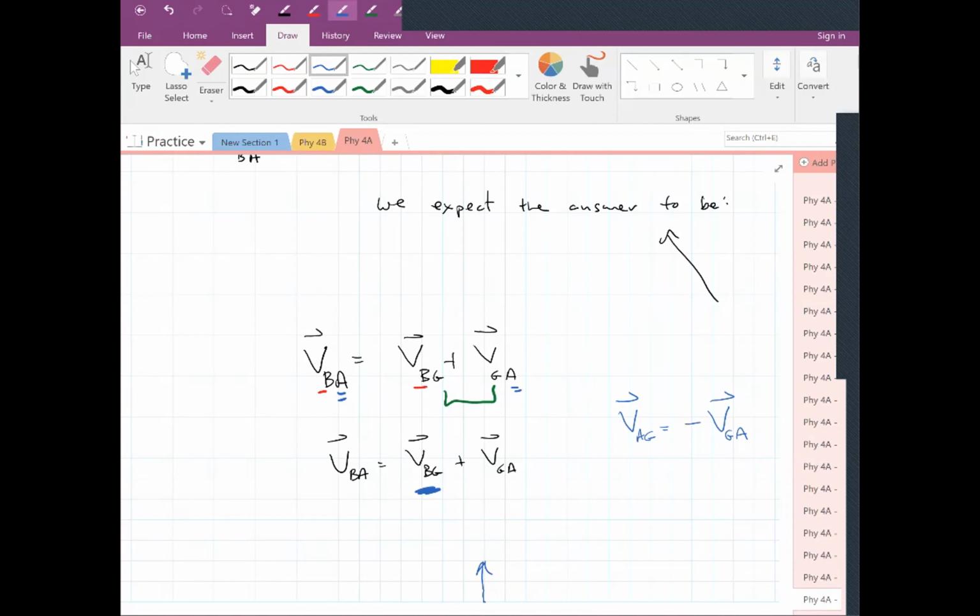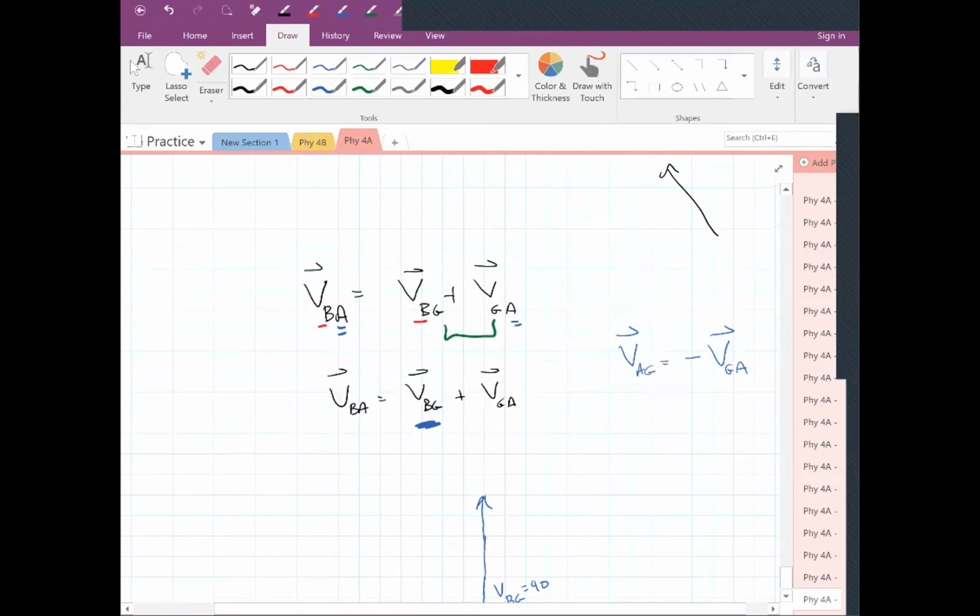I look over and I see you, and I think you're moving 1 meter per second that way. But you don't think you're moving. You look at me, you think I'm moving 1 meter per second this way. So your velocity with respect to me is the negative of my velocity with respect to you, right? We see it opposite. So that negative sign tells us it's flipped 180 degrees.